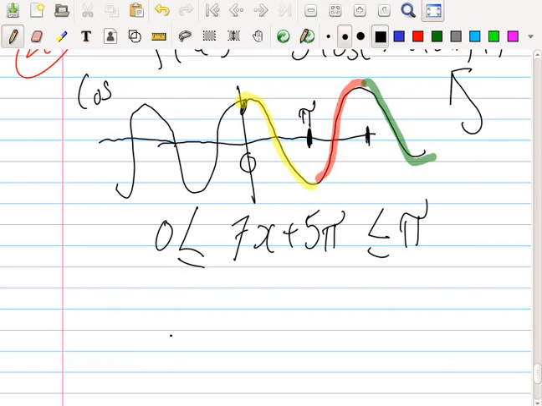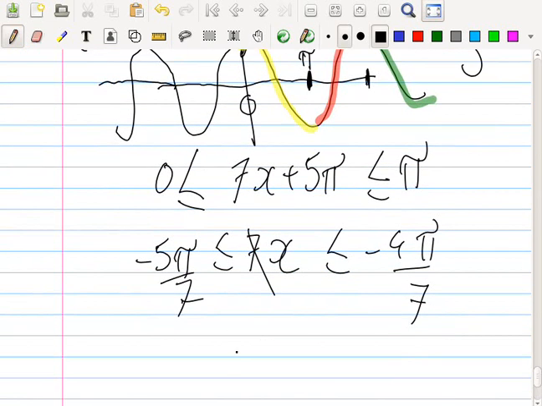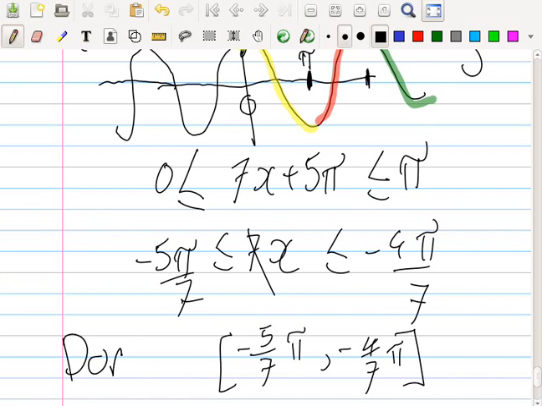Take 5 pi from everything. And then to finish. And there you go. X must be between minus 5/7 pi and minus 4/7 pi. There is a domain that will make it 1 to 1.